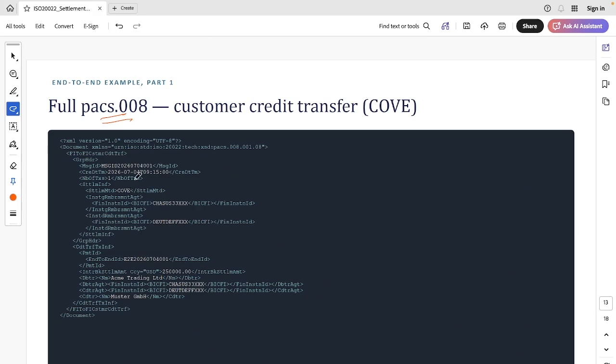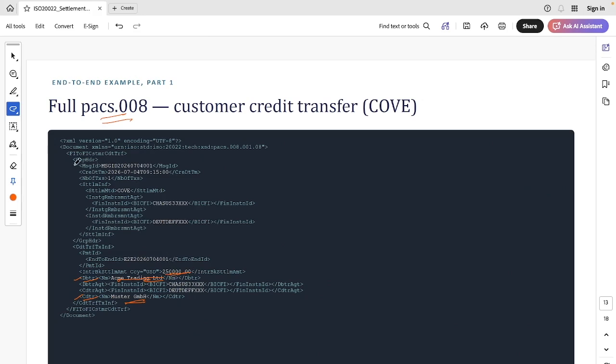Here, the customer payment is from ACME Trading Limited to Master GmbH. So there is a debtor and a creditor, sender and receiver. The interbank settlement amount is 250,000 USD. So you can see the amount being sent by the sender is 250,000 USD.